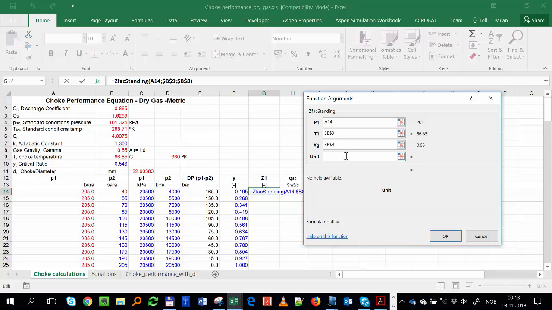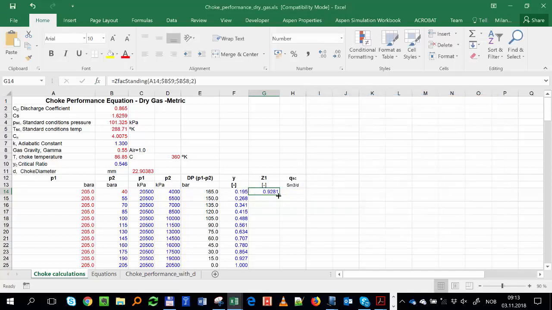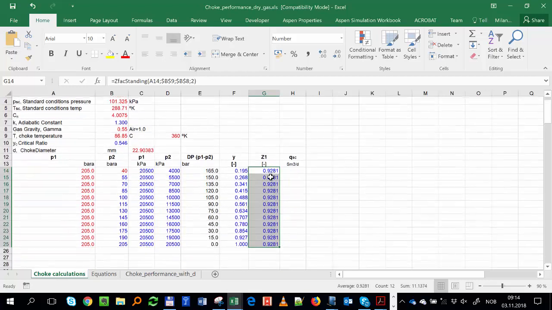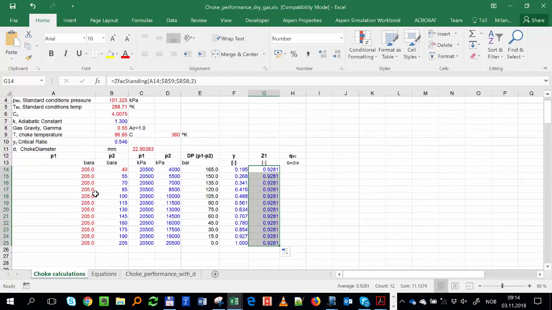Be careful. And the unit will be 2. I hope I didn't make any mistake. P1, T1. And actually it's constant because the pressures are always constant at the inlet. Now comes the difficult part, which is the rate.